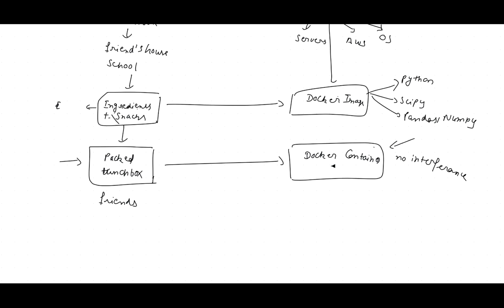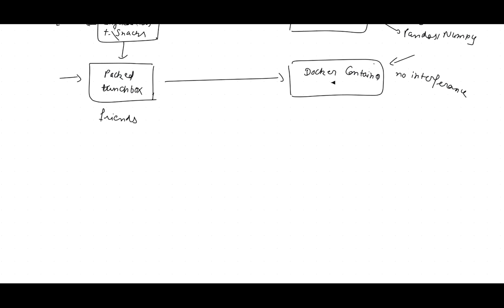Okay, if I give you the recap here, this is your Docker, right? It creates an image. What does it contain? Your ingredients, snacks, whatever you want to eat, right?